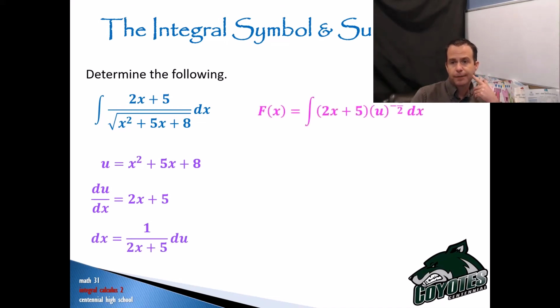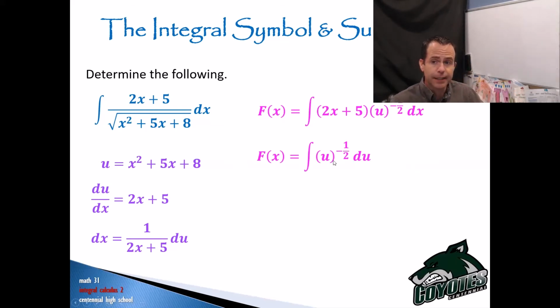Okay, so big F of x will be the integral of 2x plus 5 times u to the negative 1/2. I got to swap out my dx for du there in order for this to work. So I can do that because I know that dx is 1 over 2x plus 5 du. Okay, and so then my 1 over 2x plus 5 times my 2x plus 5, they divide each other out, and I'm left with u to the negative 1/2.